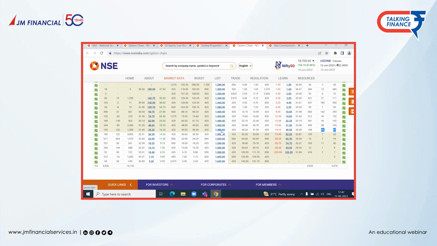If it crosses 1480, then maybe it will test your next levels somewhere between 1500 to 1520 के बीच में. Because यही दो स्ट्राइक में you can see सबसे ज़्यादा कॉल ऑप्शंस में सबसे ज़्यादा ओपन इंटरेस्ट ऐड हुए हैं.